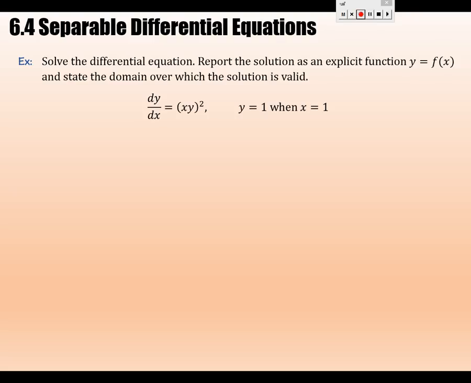So is this separable? I mean, that x and y, those are all up together in parentheses. Can we separate them? Yeah, I guess we can. There's only so much I can do to mask how separable it is. It's separable.